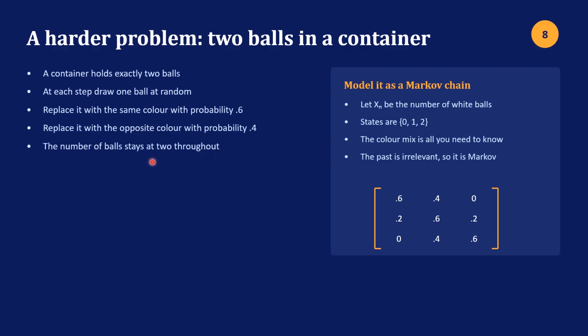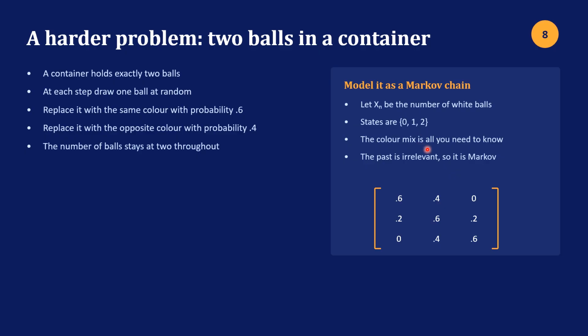So we can model this as a Markov chain. There's no memory. It just depends on the current state. We'll let the random variable X sub n be the number of white balls at step n. The states are 0, 1, or 2, right? You could either have 0 white balls, 1, or 2 white balls.